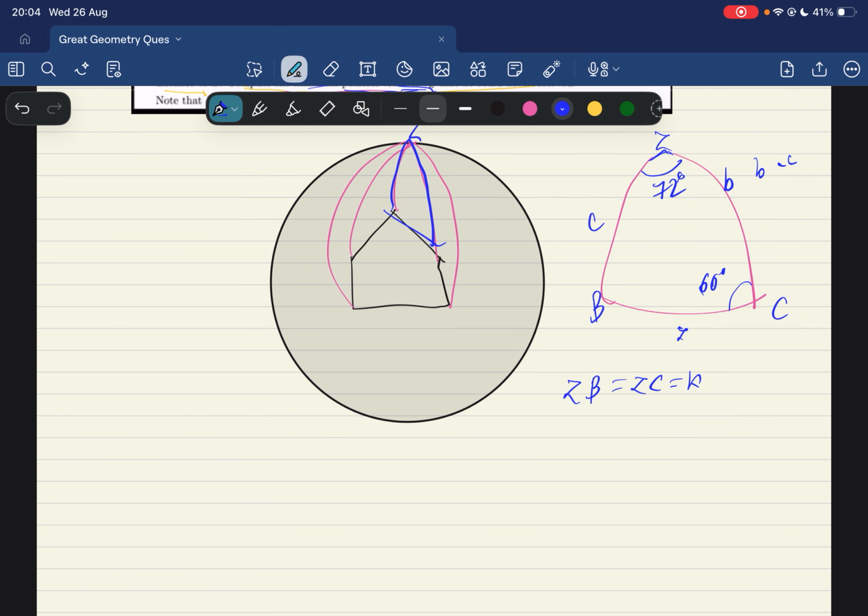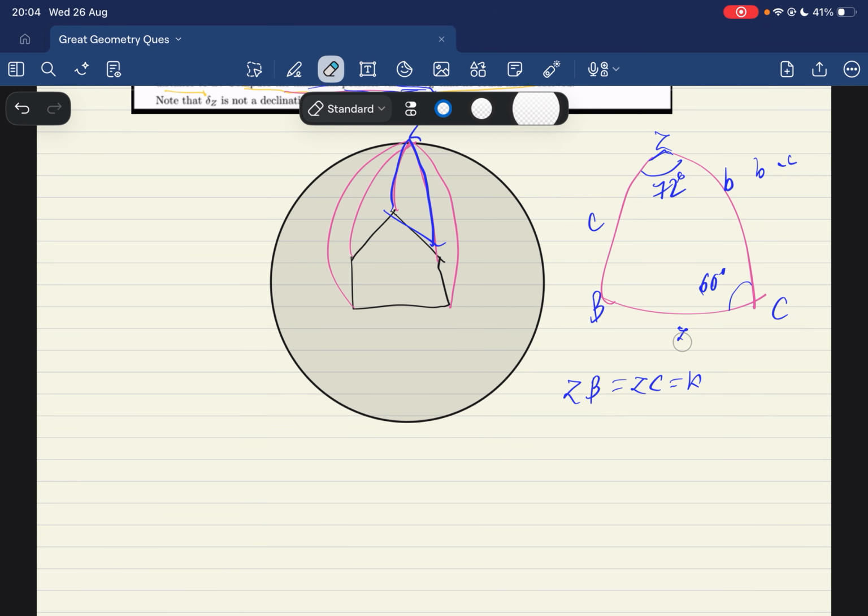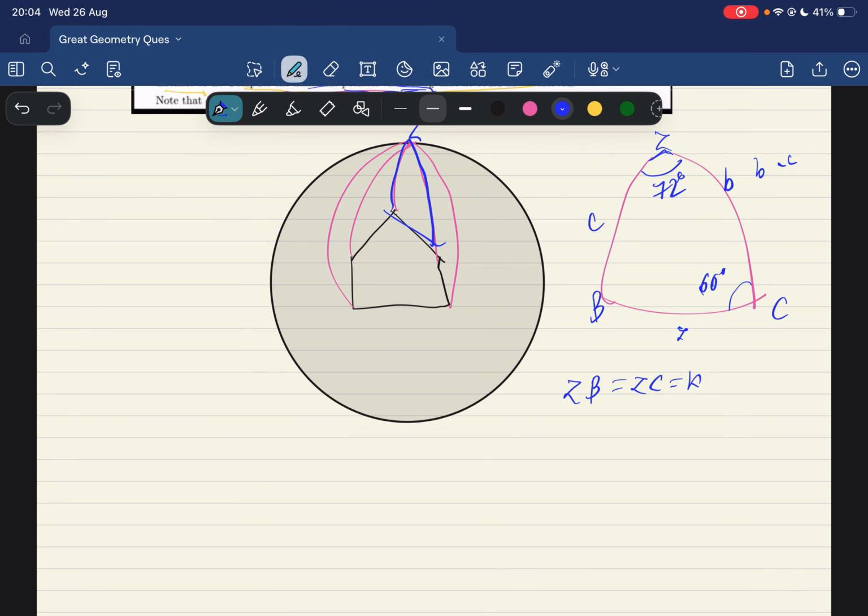So what we have right here is, we need to get the cosine law in here, and we need to get the sine law in here, and a lot of things. So let's get to the spherical cosine law.